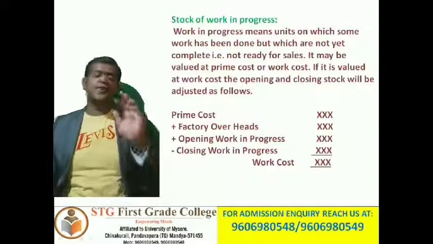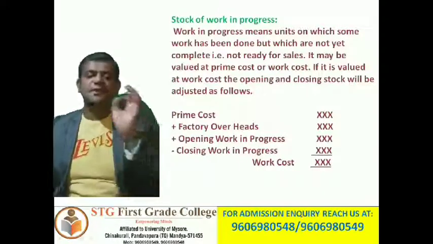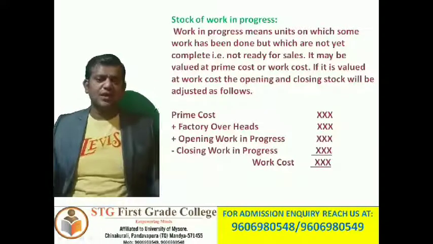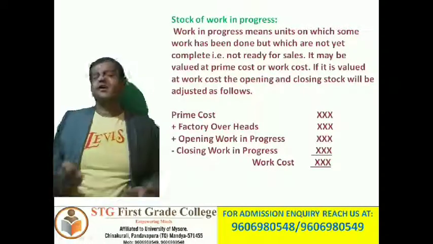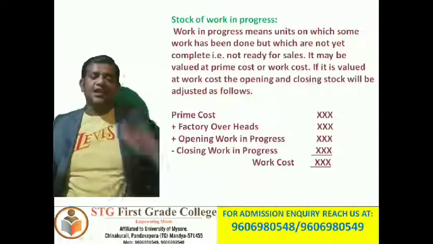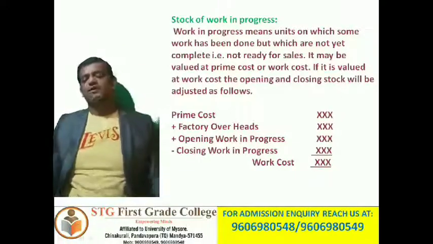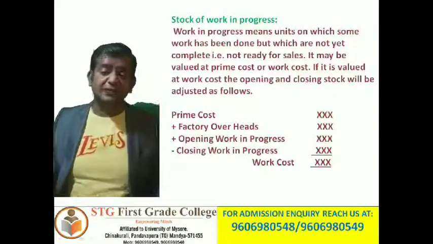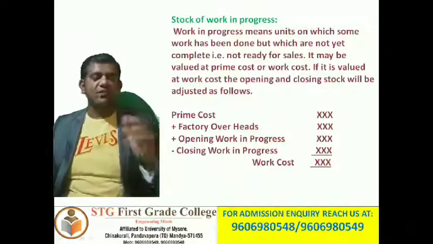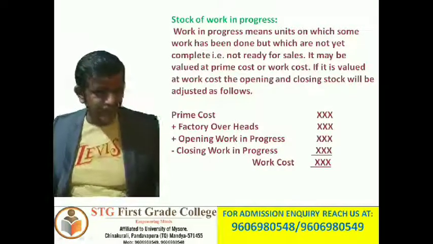Work in progress means units on which some work has been done but which are not yet complete. Work is started but it is not yet complete. That is not ready for sale. It may be valued at prime cost or work cost. If it is valued at work cost, the opening and closing stock will be adjusted as follows. So let us see how this will be adjusted.